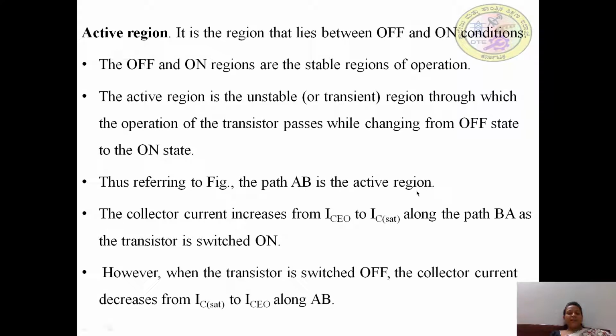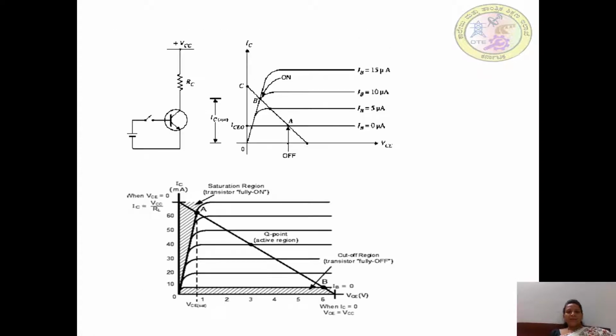The collector current increases from ICEO to ISAT along the path AB as the transistor is switched on. Similarly, when the transistor is switched off, the collector current decreases from ISAT to ICEO along AB. Right now, the IC current is equal to ICEO because IB is 0. Only the current due to the majority charge carriers is flowing, which is very small, and that is indicated as ICEO.